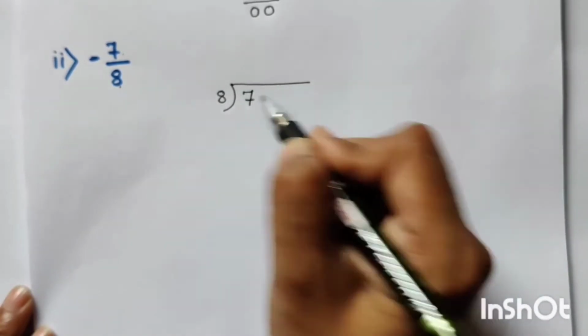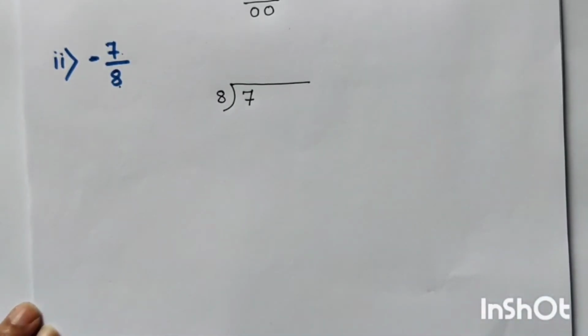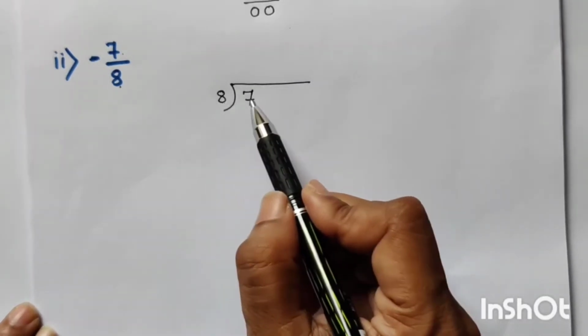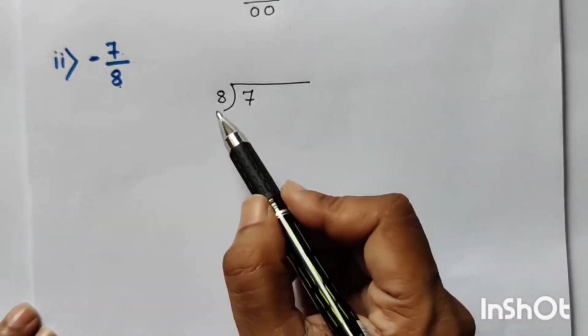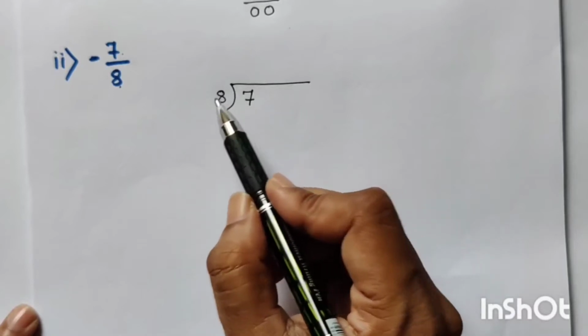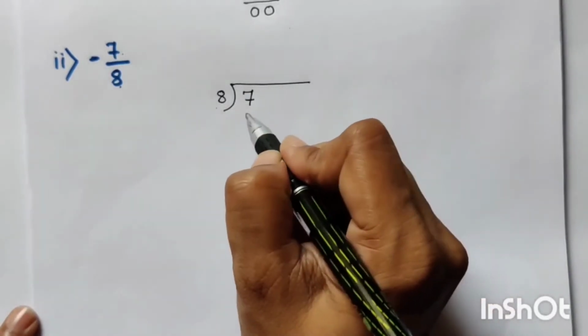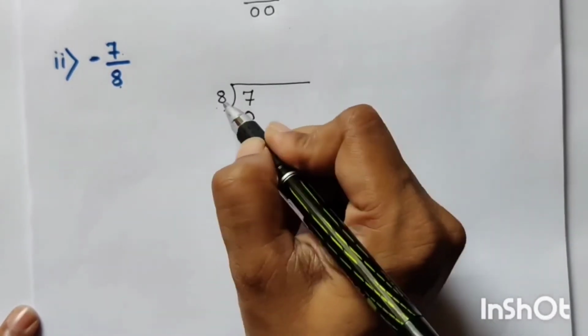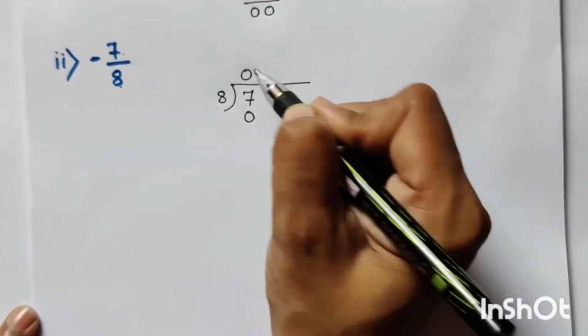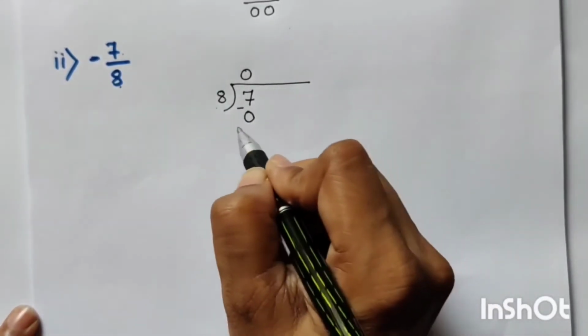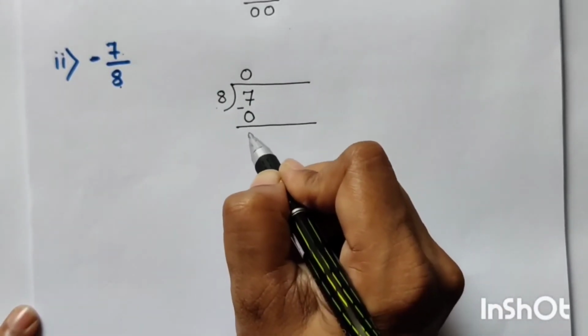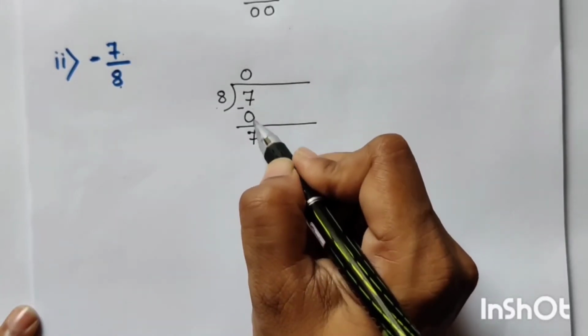7 is our dividend. Now see children, 7 is smaller than 8, so we cannot divide 7 by 8. So we put a 0 first. 8 zeros are 0 here. Then 7 minus 0 is 7. Why do we have to put it like this?